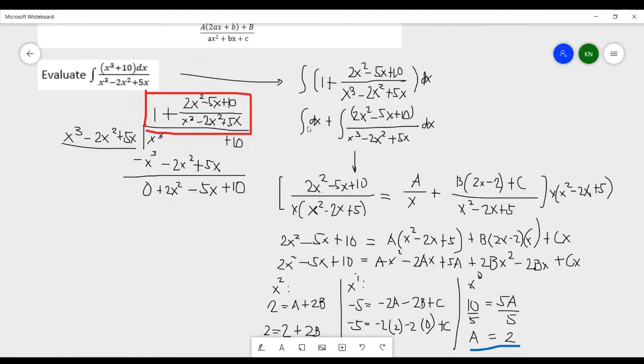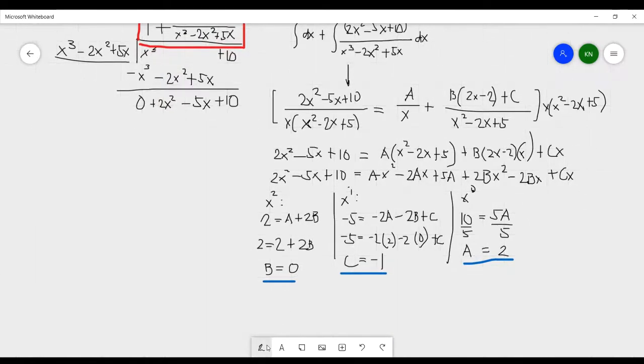But we have to note that we still have our integral of dx here, and this partial fraction is just for the second integrand. So we just have to copy our integral of dx as well. And then now we need to replace our a by 2, which is 2 times dx over x, which is the denominator of our a.